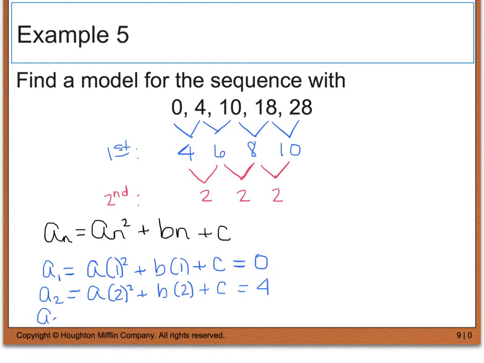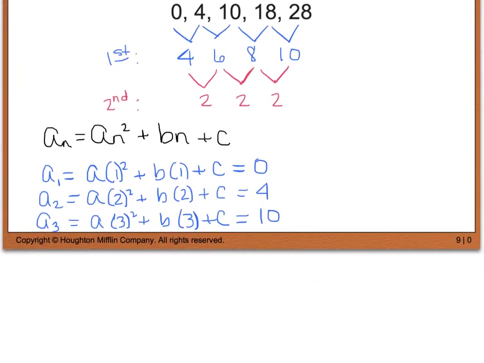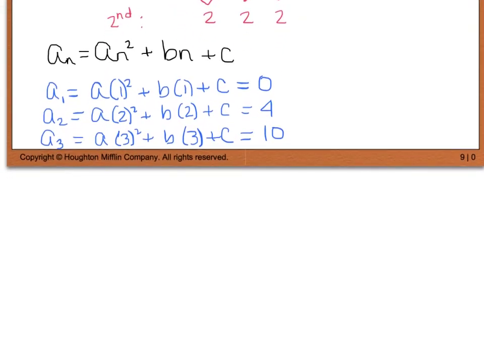And my third term, a sub 3, was equal to a times 3 squared plus b times 3 plus c, which happened to equal 10 in this problem. So now we need to simplify all of this.